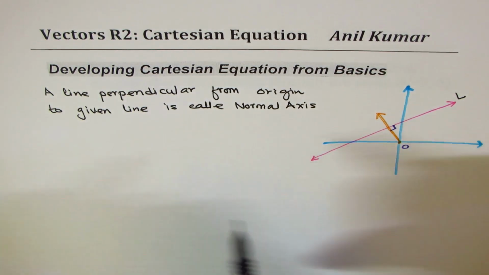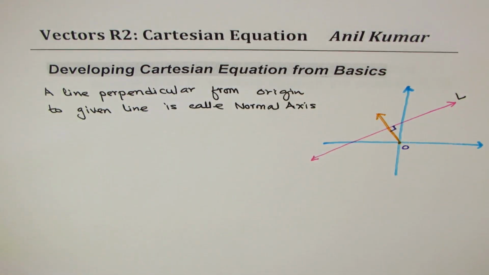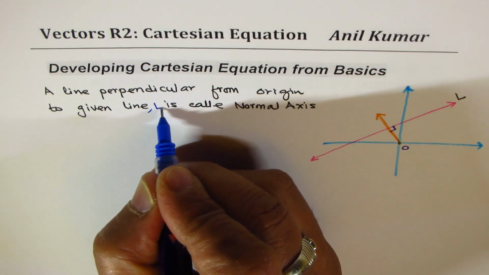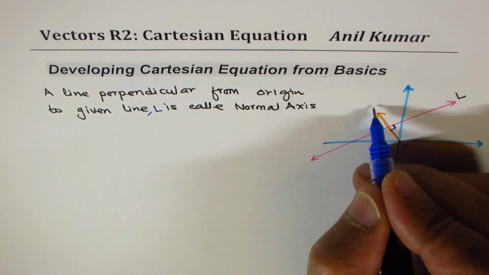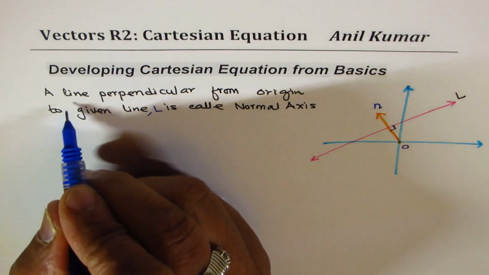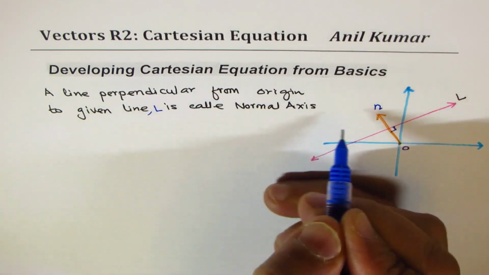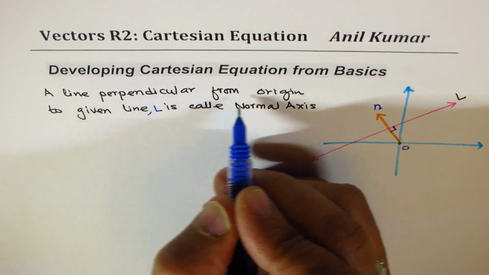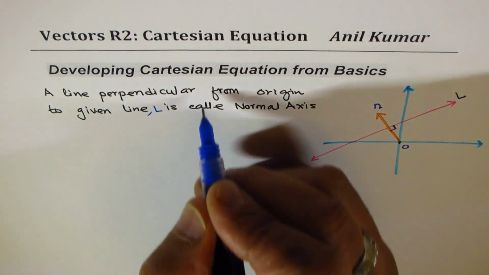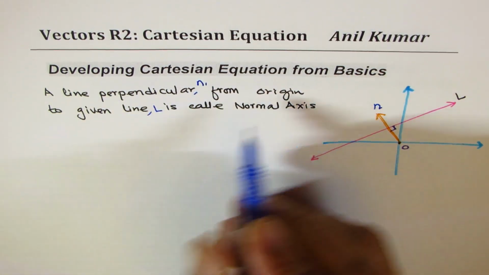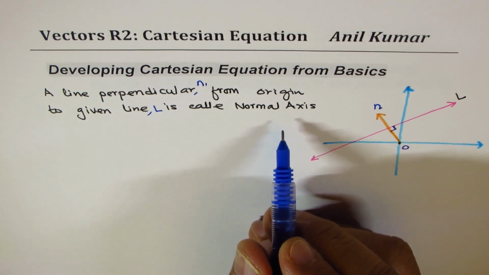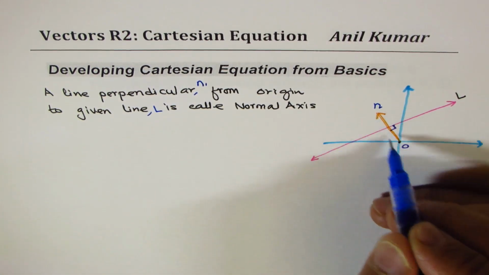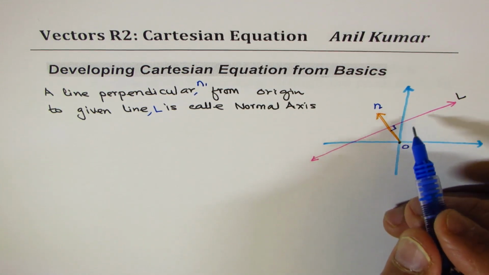So we are given a line, let's call it L, and the line which is perpendicular, let me call this N, from origin to the given line L, is called the normal axis. So any perpendicular line will be called a normal axis.